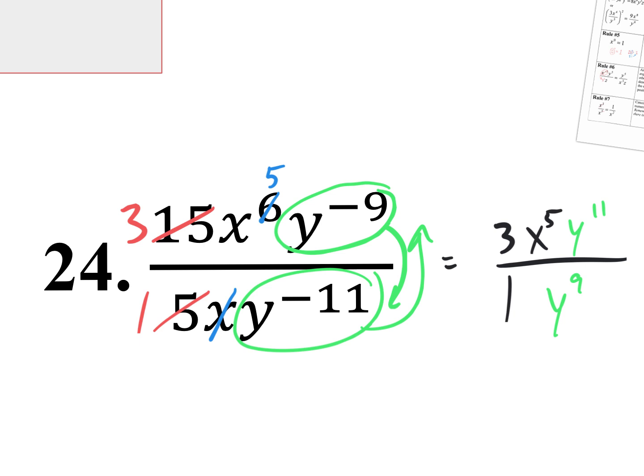We have 9 y's on the bottom, 11 y's on top. All 9 y's cancel with 9 of these, and you will have 2 left over up on top. So your final, super simplified, beautiful answer will be 3x to the 5th, y to the 2nd. You could put it over 1, but we know that dividing by 1 doesn't change anything. So that's your final answer right there for number 24.